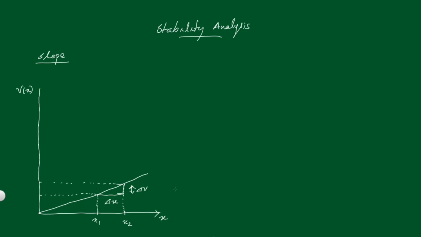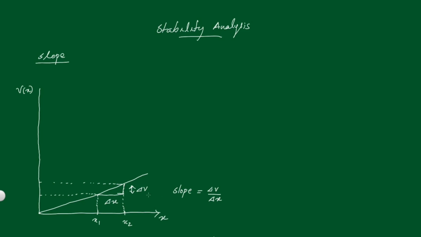Then slope is defined as delta v by delta x. That is, slope means how much v is varying with respect to x.